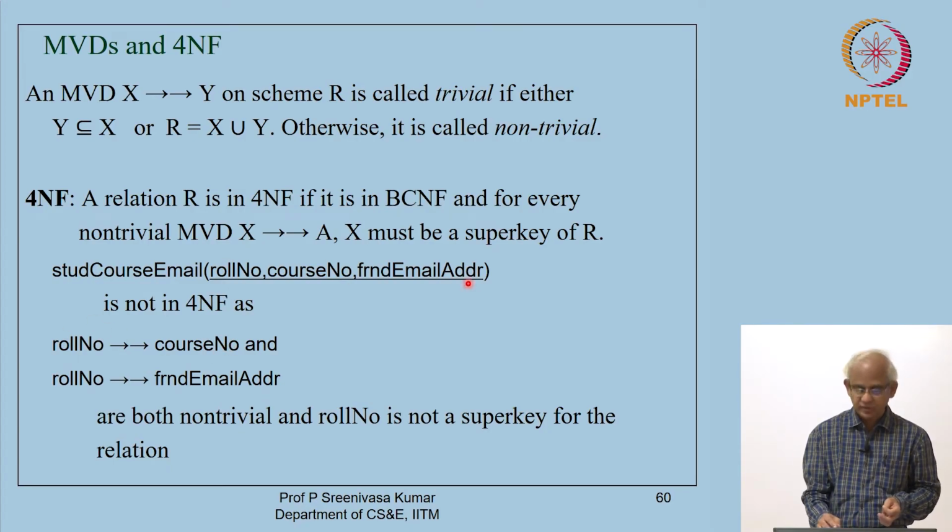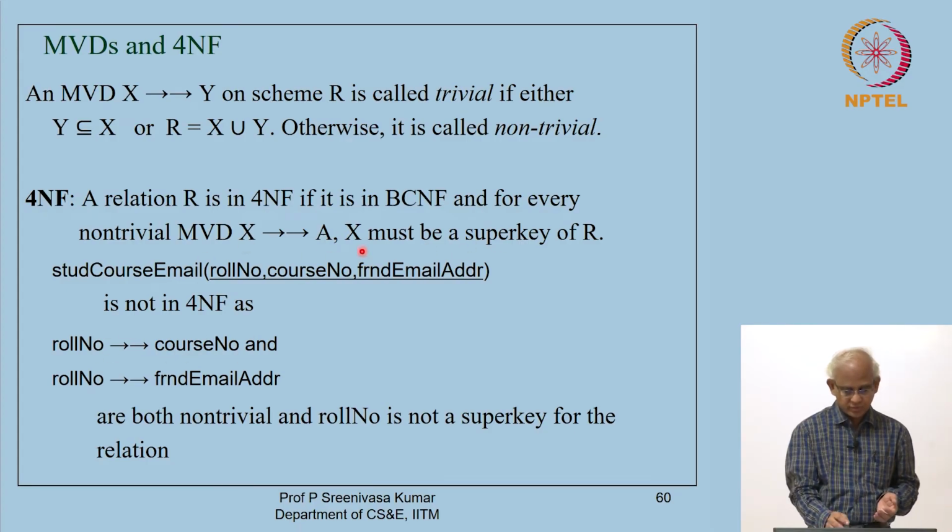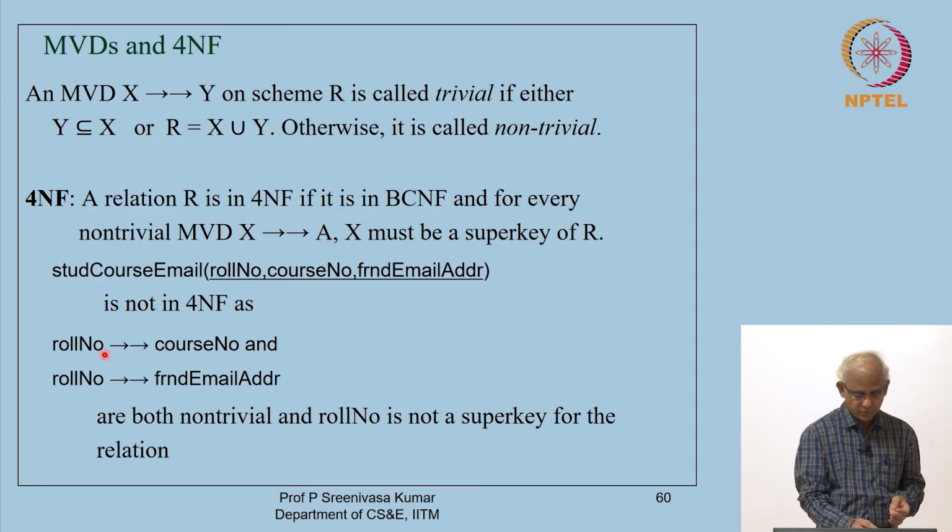The key is the set of all three attributes together. So, roll number is not a super key, and the union of these two things is not the entire relation, so it is a non-trivial MVD, and so this does not satisfy our definition that the left hand side should be a super key.